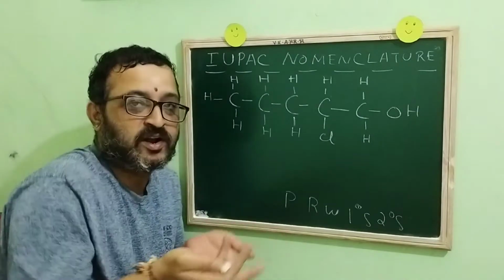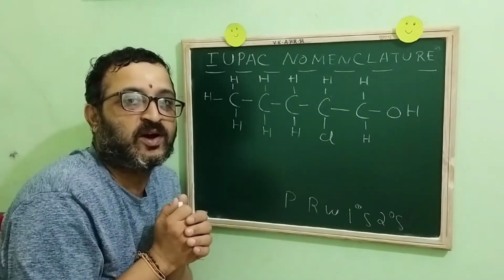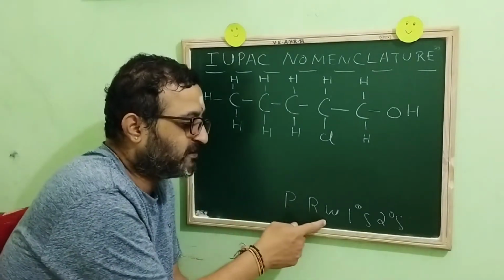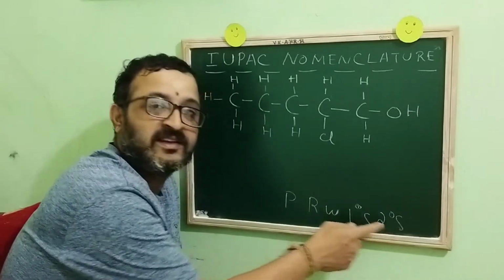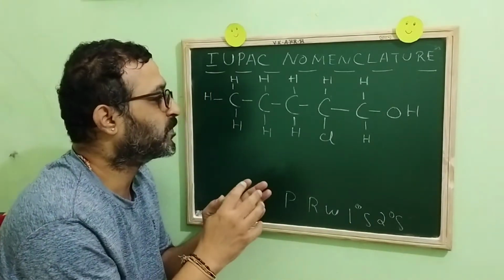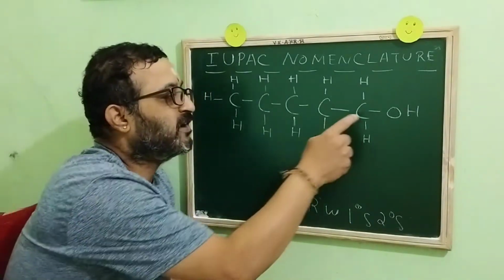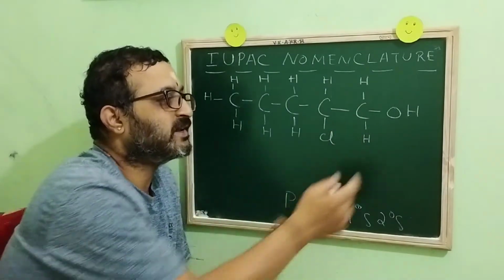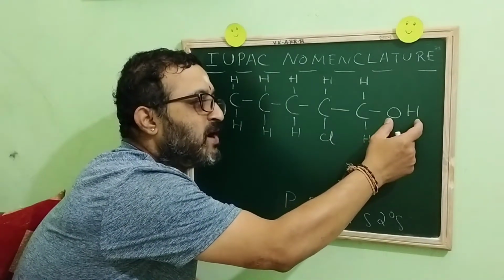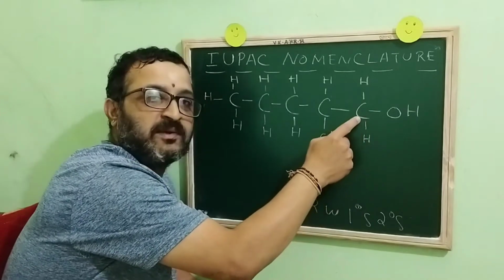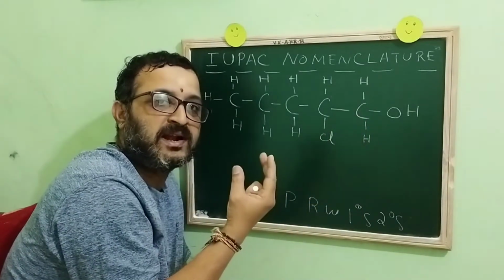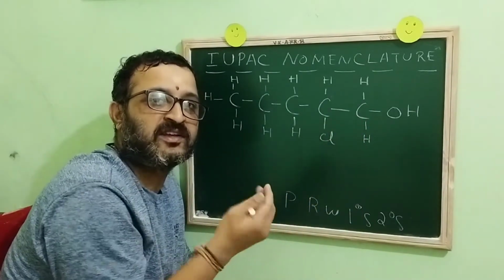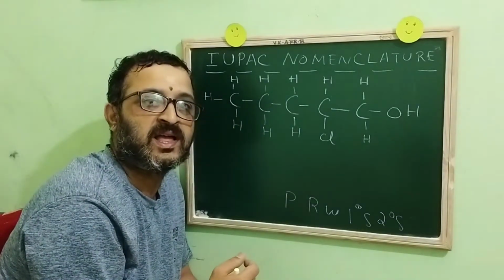Now children, we already know the order for naming an organic compound: prefix, root word, primary suffix, secondary suffix. Now, how to name this compound? Children, there is a rule that the carbon atom to which the functional group is attached has to be assigned the lowest number.